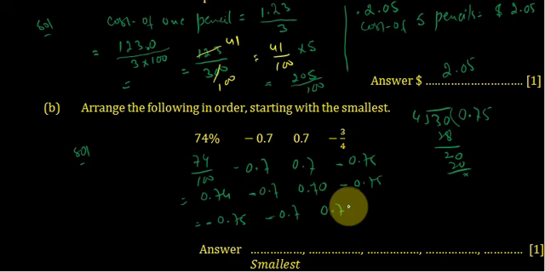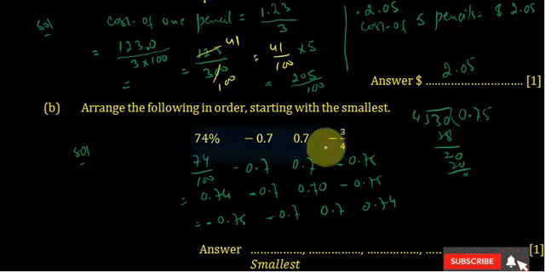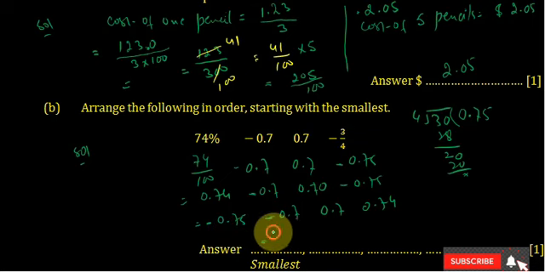So it is 0.7 or 0.70, and then 0.74. So the smallest, minus 0.75, comes from minus 3 upon 4, then minus 0.7 remains the same, then 0.7 is also the same, and then 0.74, which basically comes from 74%.